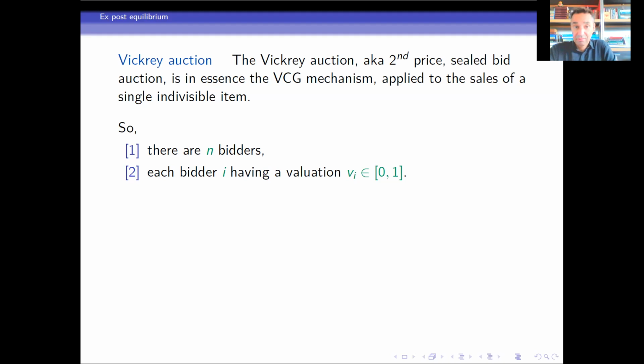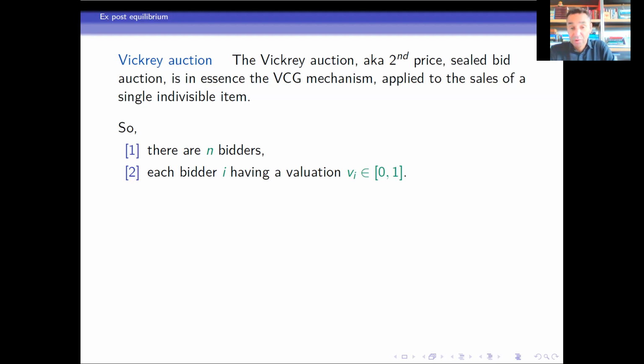So in general, the VCG is a very complicated thing, of course, but here, because there's only one item for sale and it's indivisible, there are only n possible allocations. Maybe you can give it to bidder 1, or to bidder 2, or to bidder 3, etc. And the valuations are such that if somebody else owns it, that is value 0 for you.